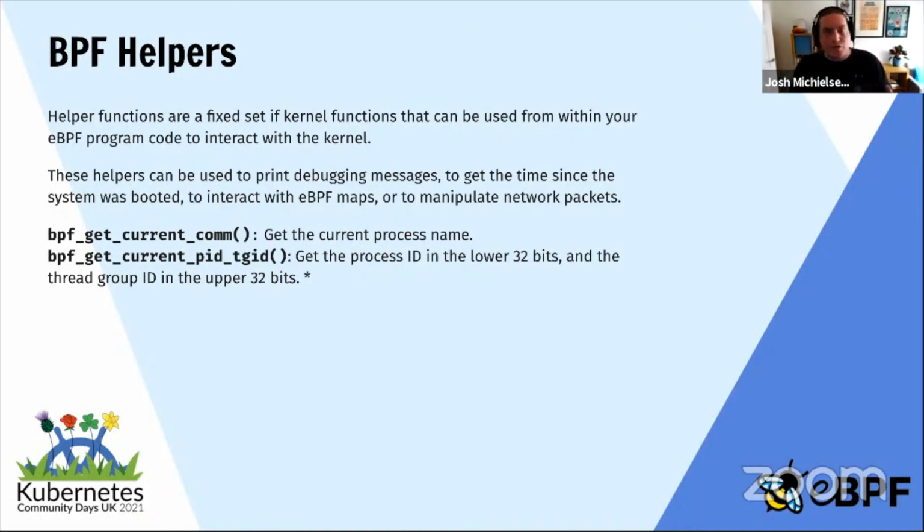And we have bpf_get_current_pid_tgid. This provides you with a 64-bit data structure where in the first 32 bits you get the process ID, and in the last 32 bits you get the thread group ID. Funnily enough, there's a bit of a gotcha with this particular helper function. The process ID is the process ID from the perspective of the kernel.